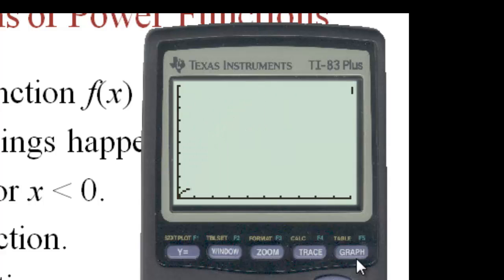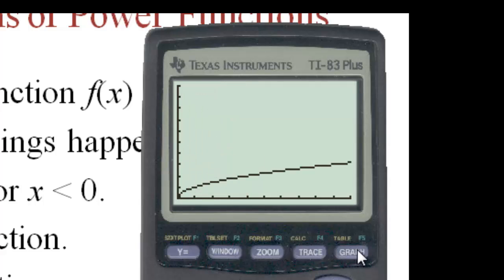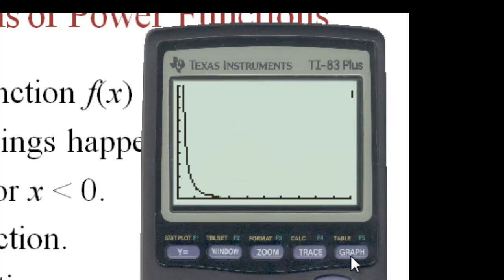Graphing it. This is in quadrant 1. If you look at my window here, x is from 0 to 10, y is from 0 to 10, quadrant 1, and that's what x to the 1/2 looks like. If we look at the next one, x to the -2, turn that one on and that one off. x to the -2, it'll come in and it is, here's a good word for you, asymptotic to both axes.